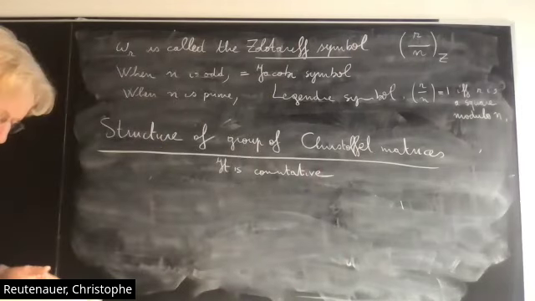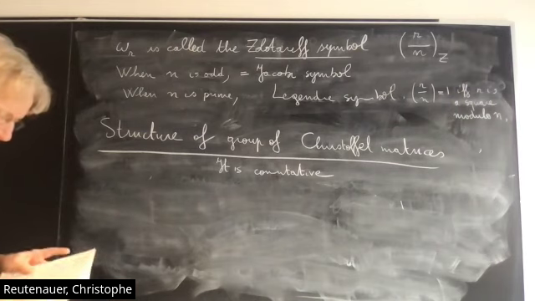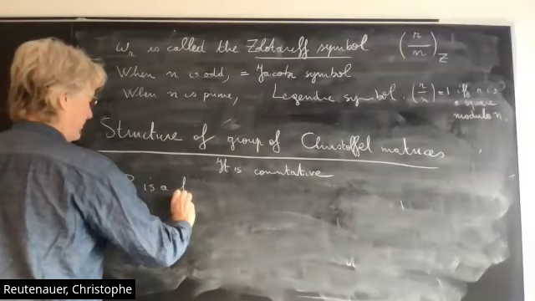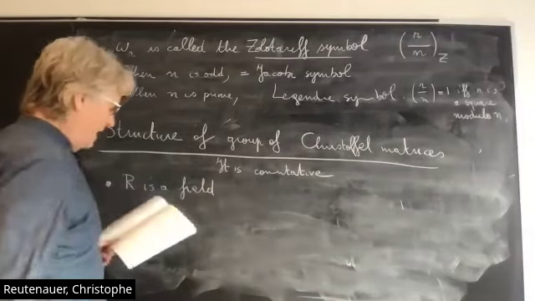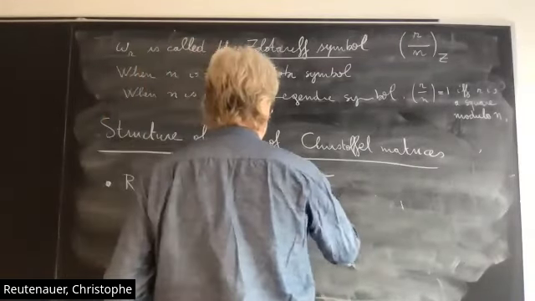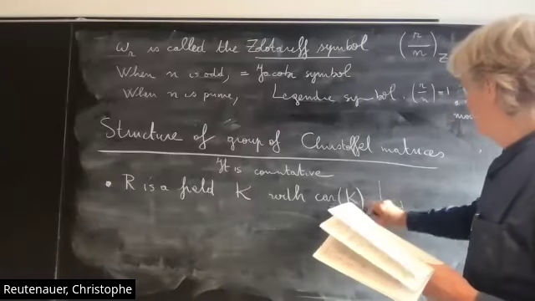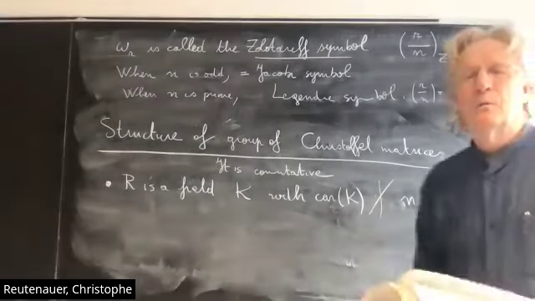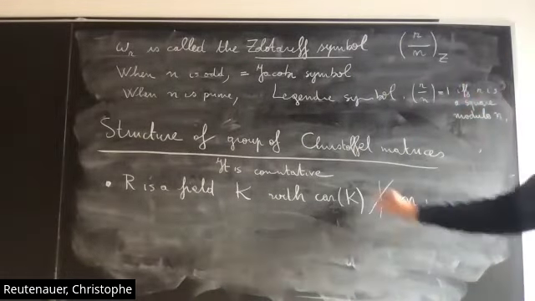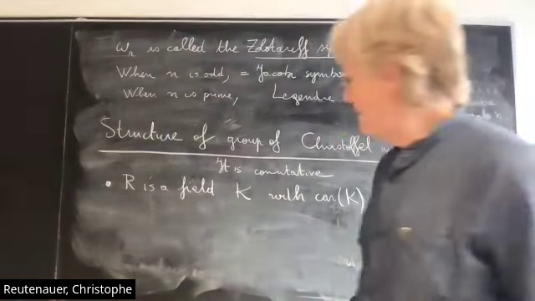And we have two results here. It's not quite completely finished. When R is a field K with the characteristic of K not dividing n, we were especially interested in characteristic 0, but it works also when the characteristic doesn't divide n.